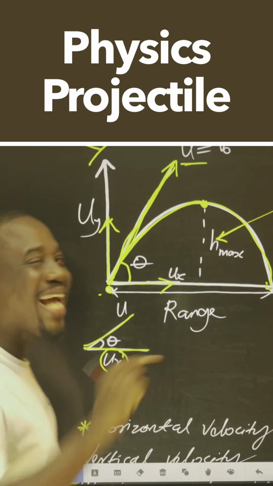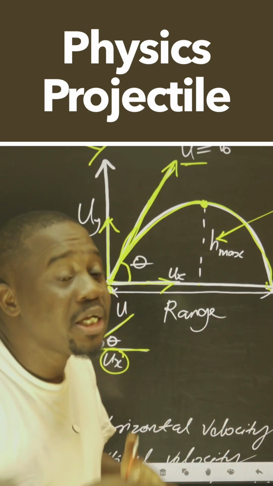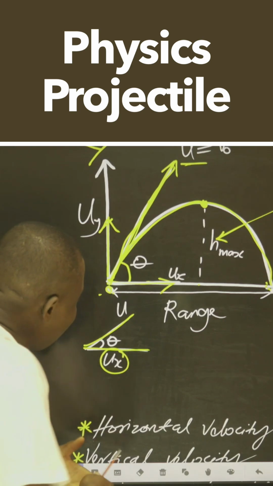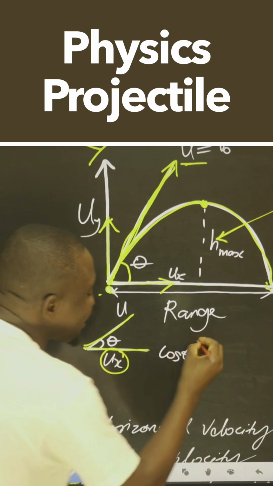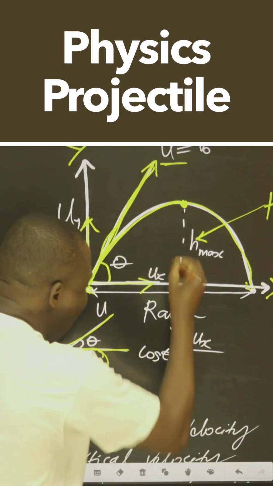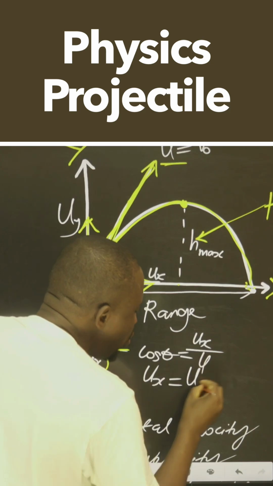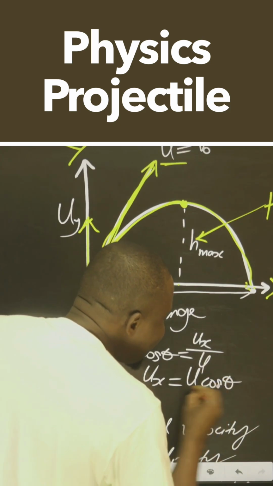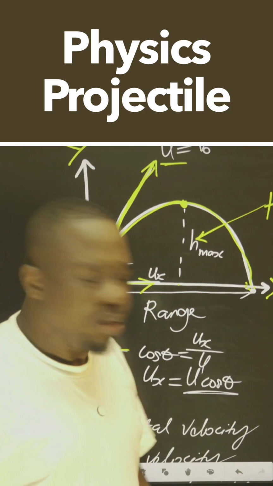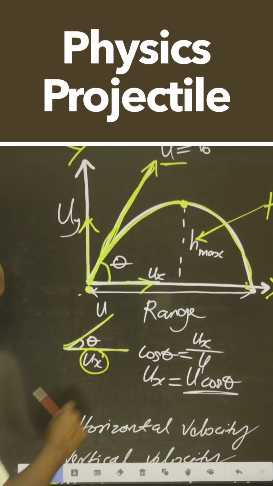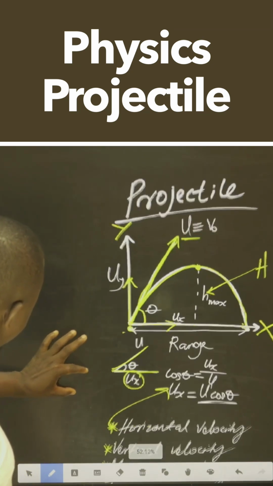When adjacent and hypotenuse come together, remember in trigonometry, that is cosine. It means cos theta is equal to adjacent over hypotenuse U. So what we are looking for is equal to U cos theta. This is the component of U in this direction. We call this one the horizontal velocity.